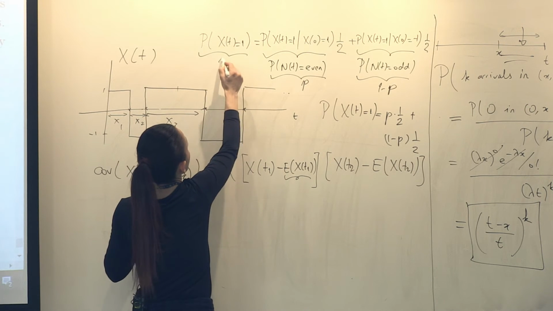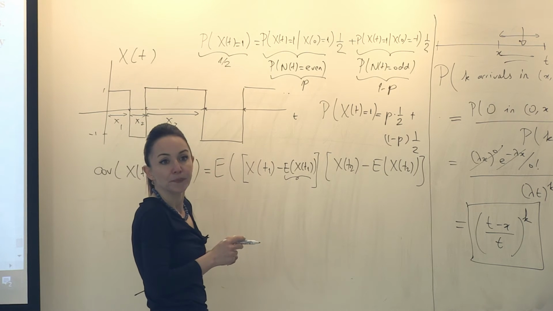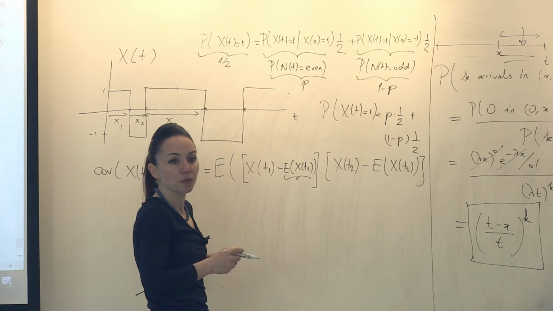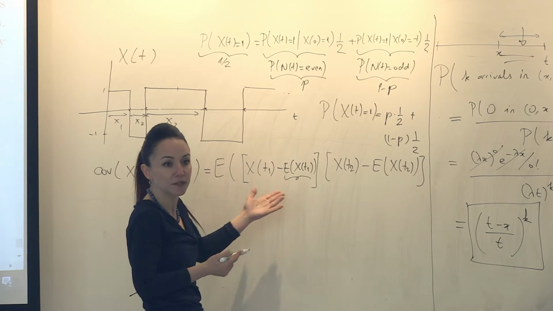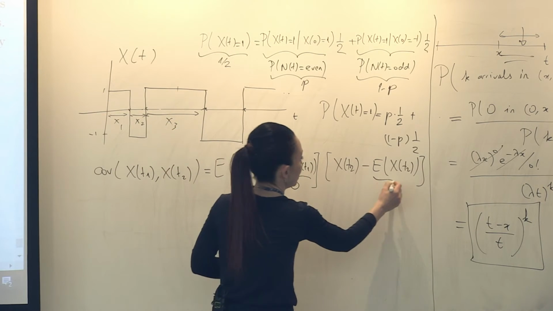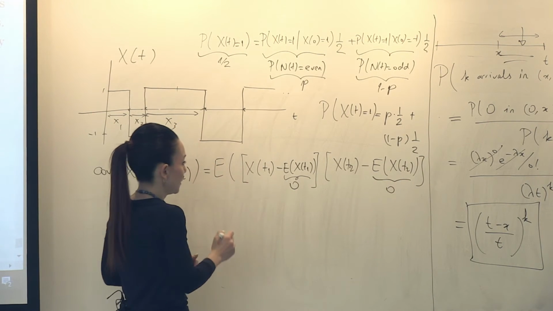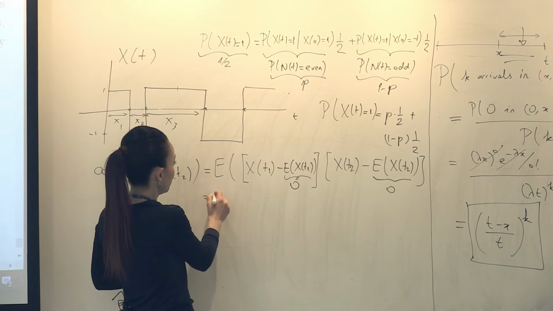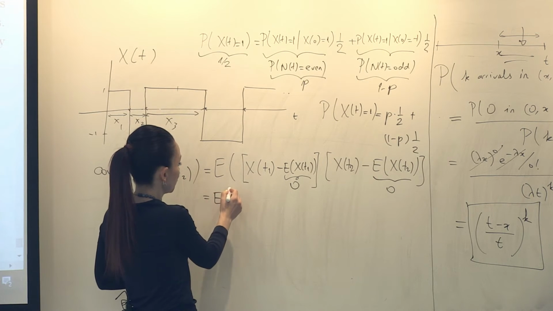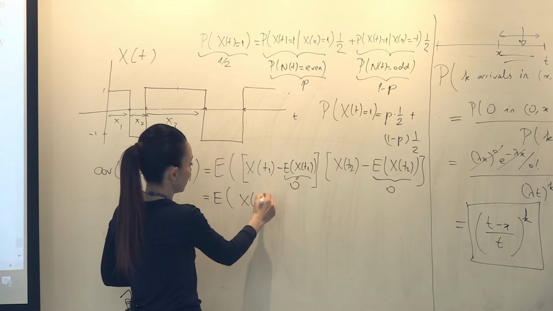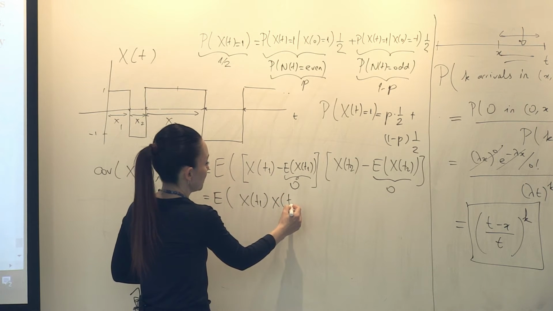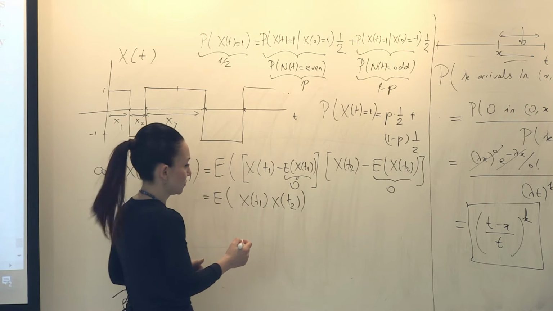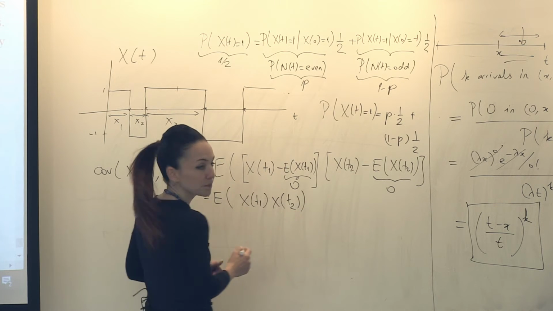So x takes plus or minus 1 with probability 1/2 each, so the expectation then clearly is 0. So this is 0, this is similarly 0. So then we need to compute simply the expectation of the product x of t1 times x of t2, right?